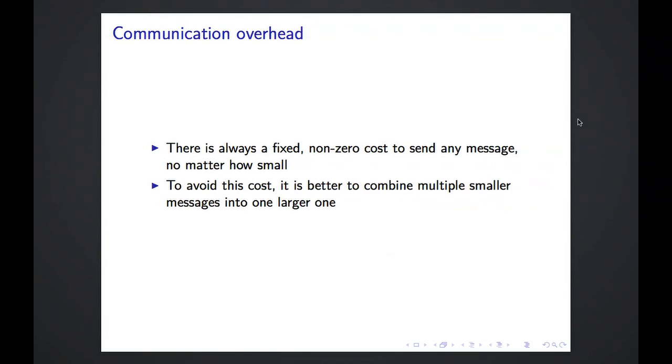Whenever you're sending a message, no matter how small, there's always a fixed non-zero cost to send any message. So if you are sending multiple small messages, to avoid this cost, it is much better to combine the content of these multiple smaller messages into one larger one, and then you're just sending one message. That means this basic essential cost of sending a message, you're incurring only once instead of multiple times.